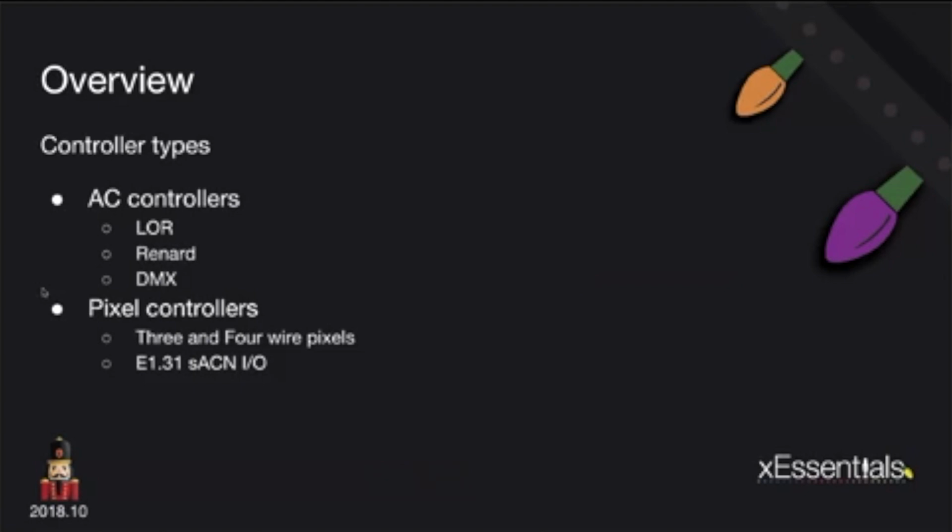That's one of the most common types that you'd run into nowadays, where it's basically a power line, a data line, and a ground line that constitute the 3 wires. 4-wire pixels are like a 2801, which used to be the norm prior to the 2811s coming out, where they have a separate clock and data line to combine with the power and ground. Those are less common now. You're starting to see some controllers that no longer support 4-wire pixels, so you'll see a mix of those that have them and those that don't.